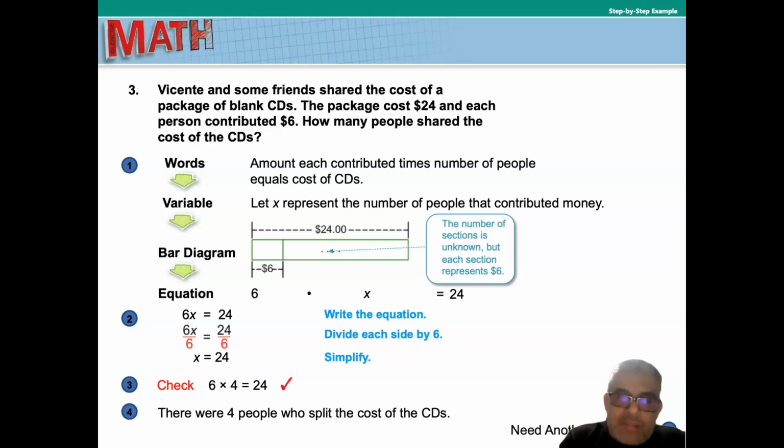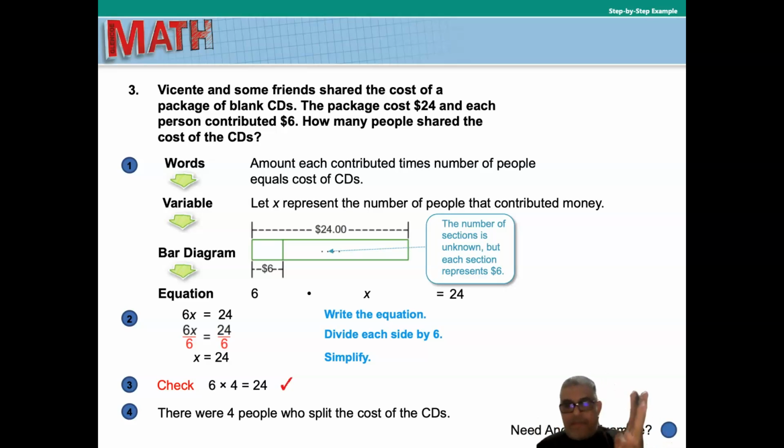Because this has to be an answer of 4, not 24. Because you have 24 items into 6 groups, that should give you a total of 4. So 4 people, that includes Vicente, contributed money to buy the CDs.